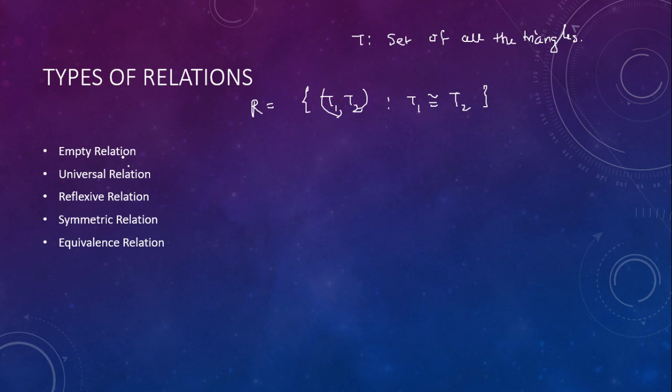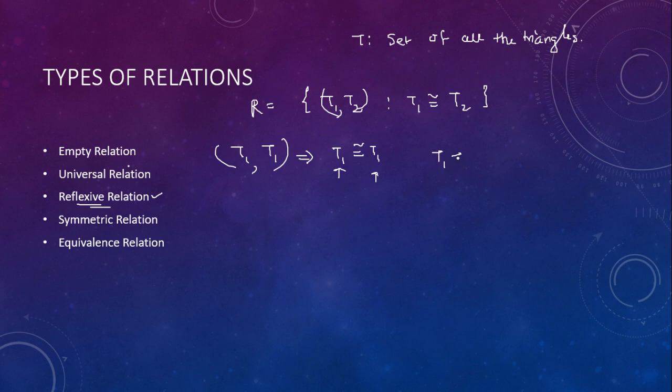Now what is reflexive relation? Reflection means the object itself is there, right? Reflection means exactly the same. So when you consider T1 and T1 as an ordered pair, obviously the same thing will be congruent to itself.